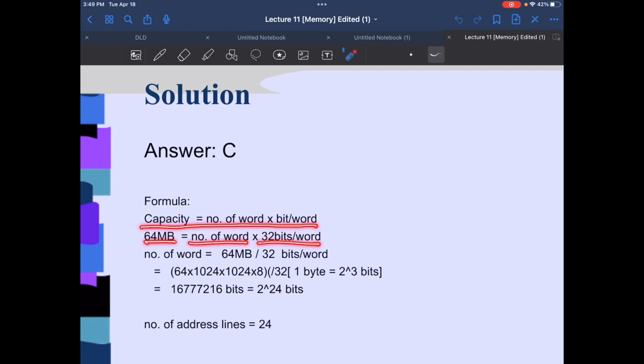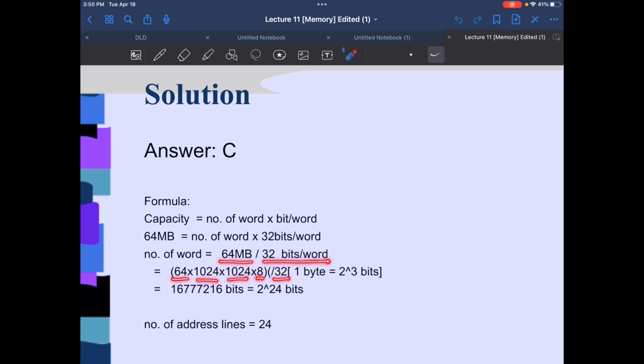Hence, we change the sides and check the number of words here. The number of words is equal to 64 megabytes divided by 32 bits per word. If we multiply and convert it into bits, we have 64 times 1024 times 1024 and multiply by 8 gives it in bits.